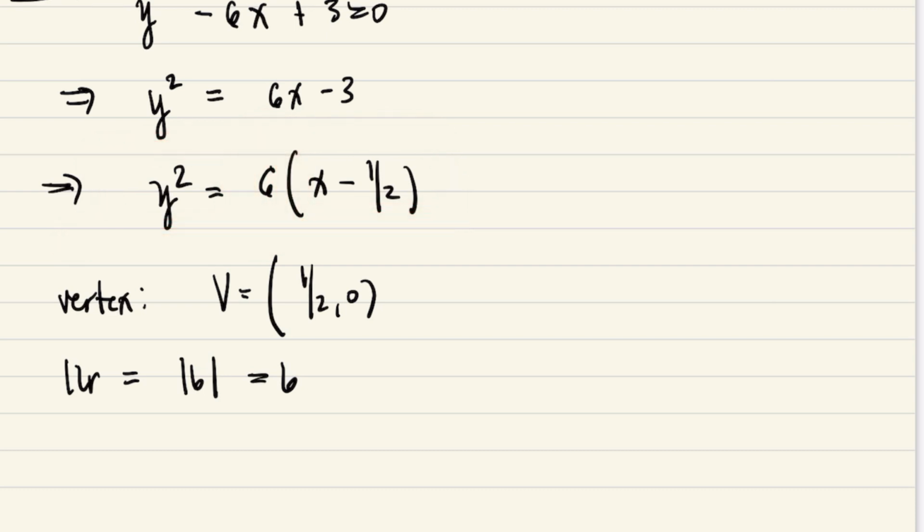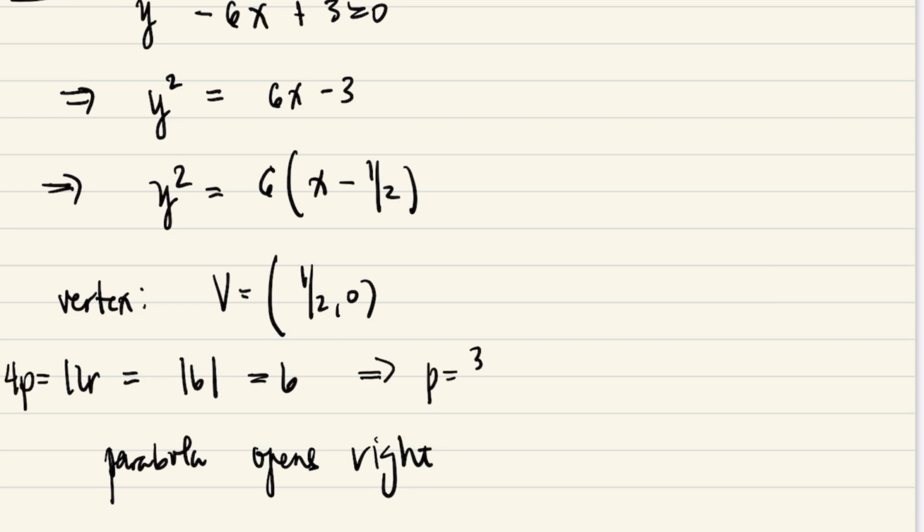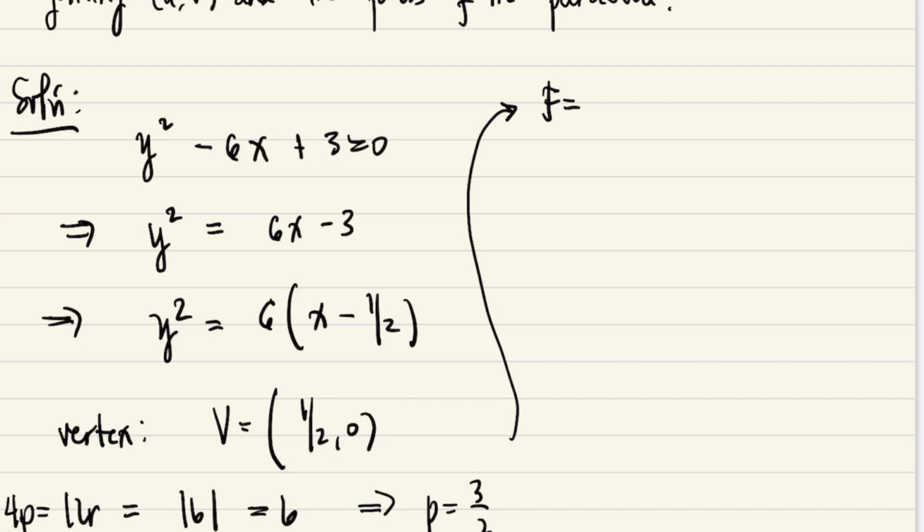This implies that the parabola opens to the right. This length of the latus rectum, which is 4p, simply tells us that p here is 3/2.